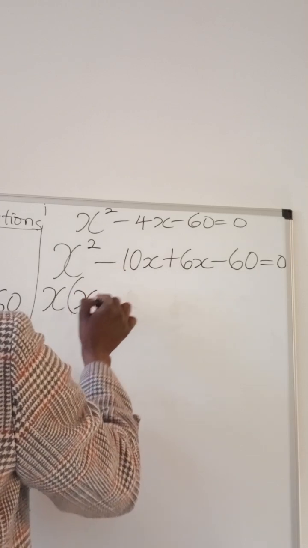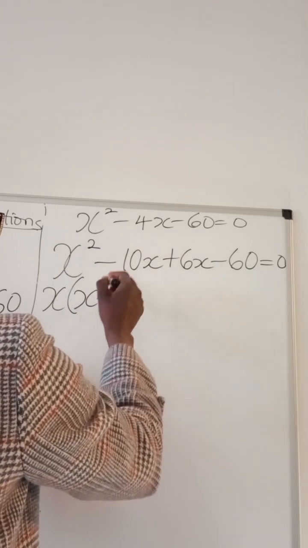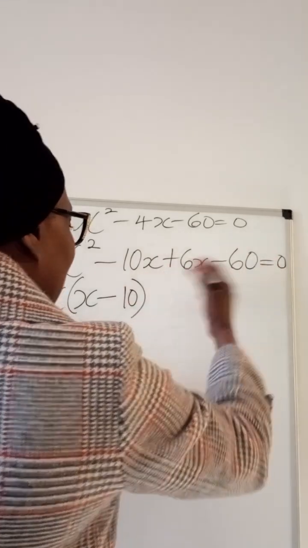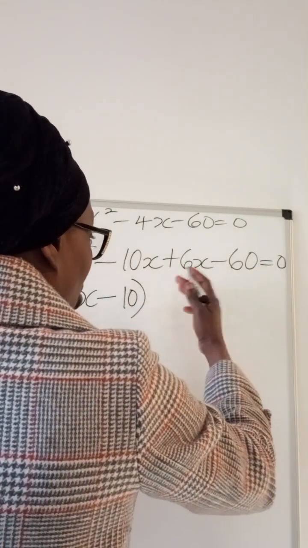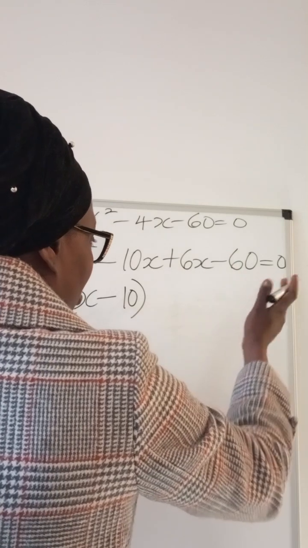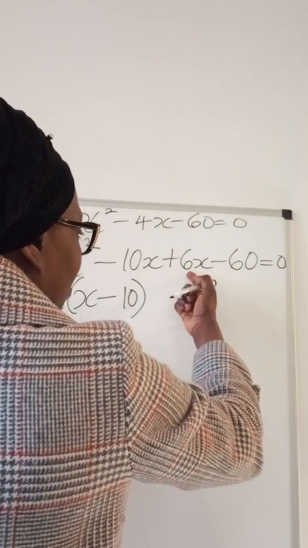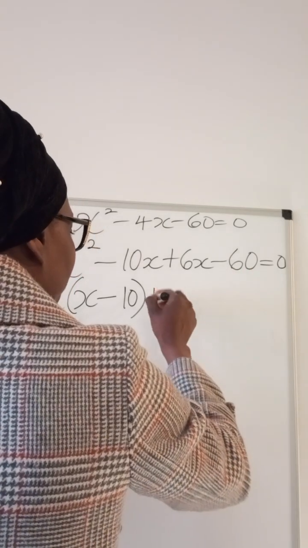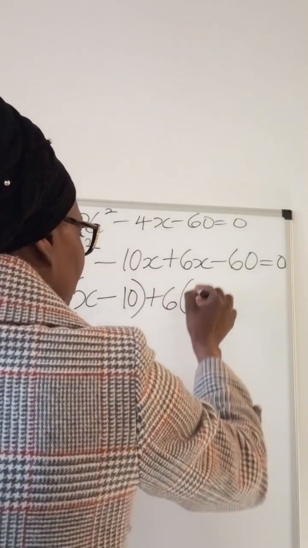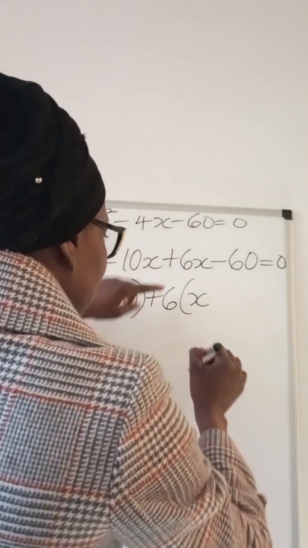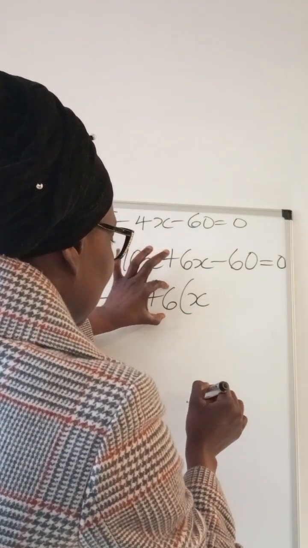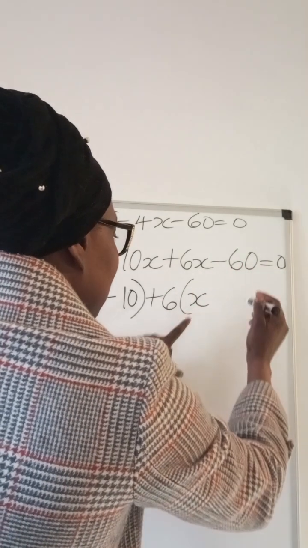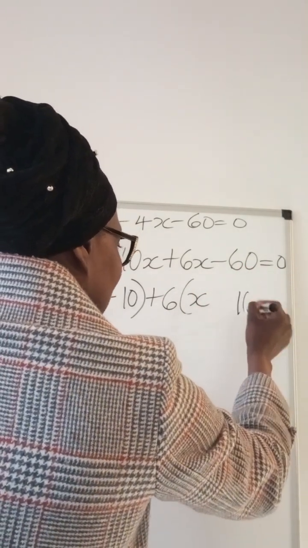So we'll be left with 1x here, minus 10 here, x is out. Coming to these last two, no common letter, but there's a common number. 6 is here. How many 6 can we get in 60? 10. So we have plus 6 out here. When we factorize out 6 here, we'll be left with x, and 6 in 60 will give 10.